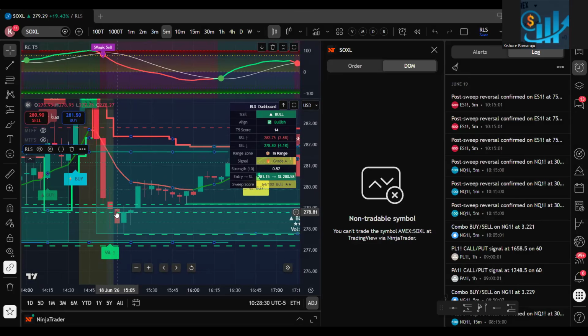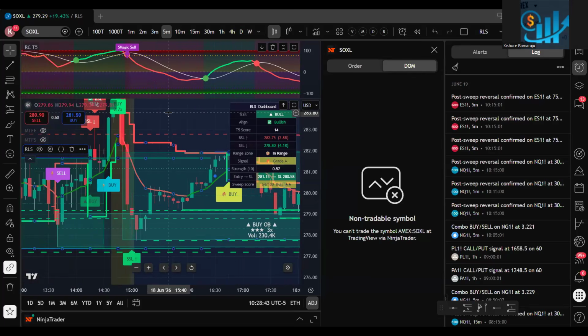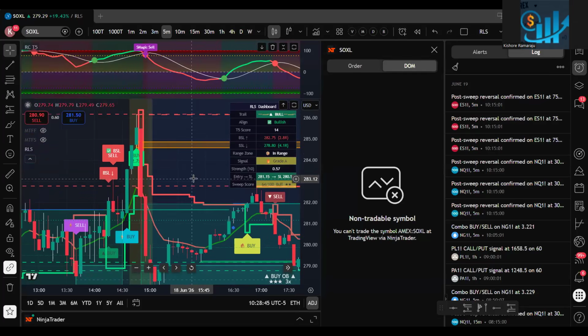Here I got SSL, but the next candle is a red candle. But if you are watching it, it was in a huge buy block, and then price went all the way up. With a BSL.